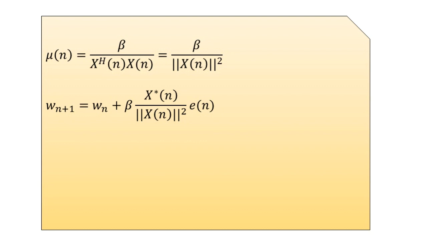Although the normalized LMS algorithm bypasses the problem of noise amplification, we are now faced with a similar problem that occurs when the norm of x of n becomes very small.